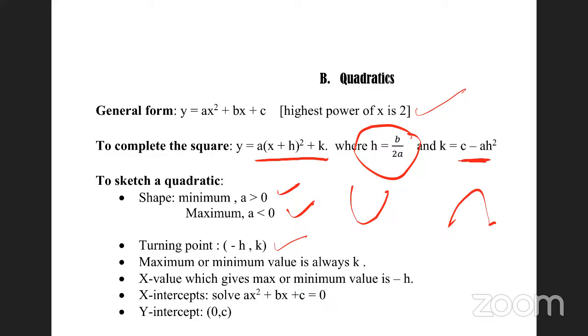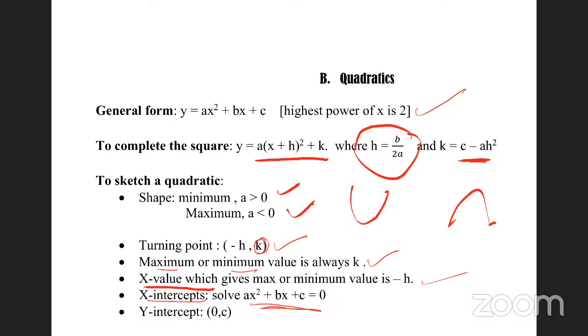Everybody okay with that? And then your max or min value is always k. So if they ask for the maximum or the minimum value, you always give them whatever k is. Then the x value is always minus h.